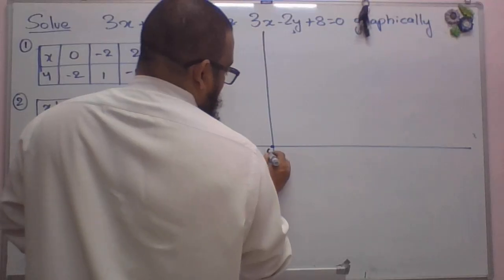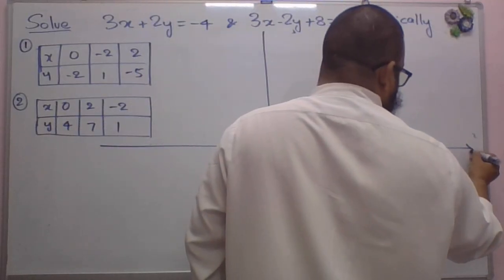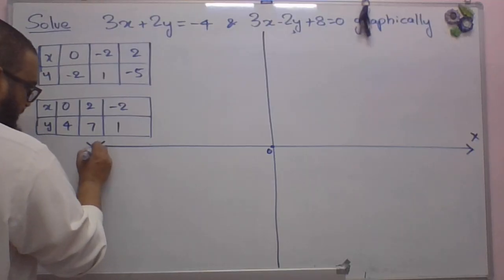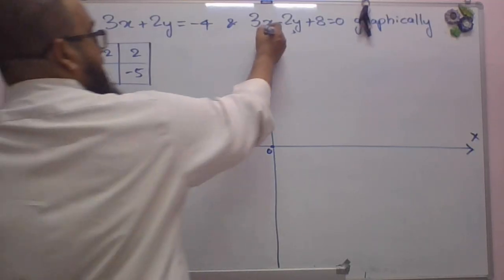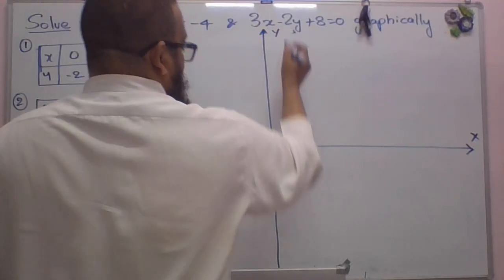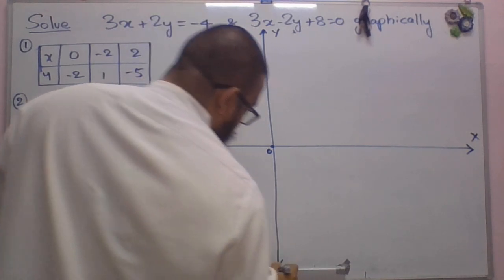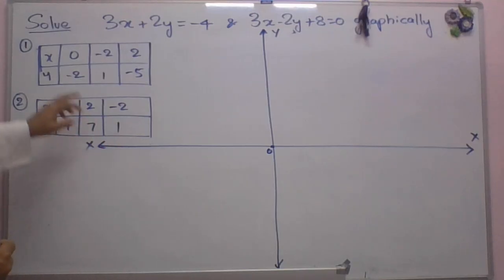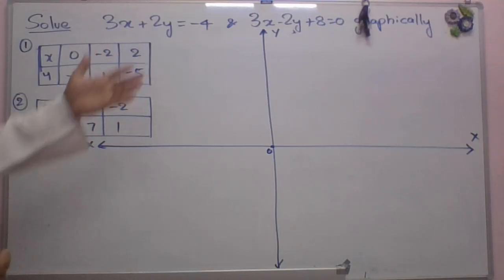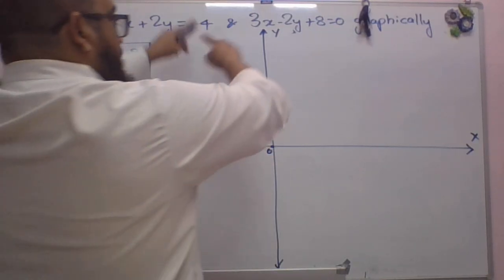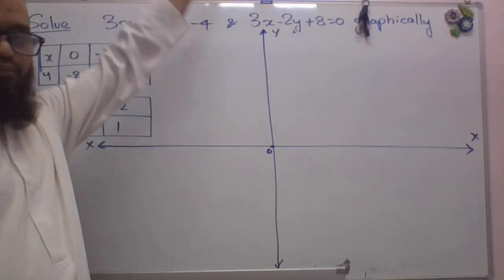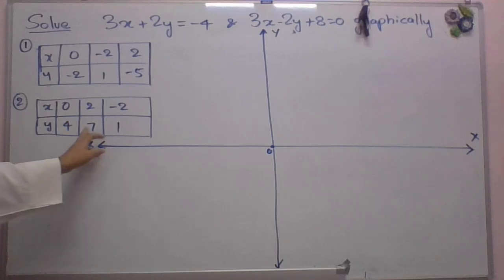The horizontal is always the x-axis, and whenever you are finding the coordinates, make sure that you get smaller values for x, and also for y, because usually you take a graph sheet in portrait mode, so you will have more y-axis. So if you get bigger values for y, it's not a problem.